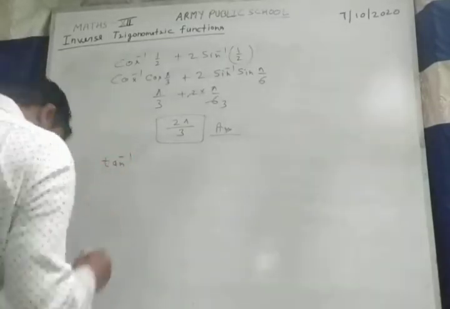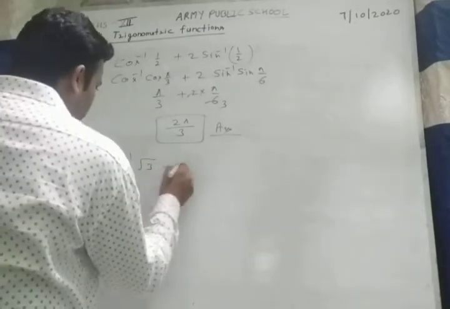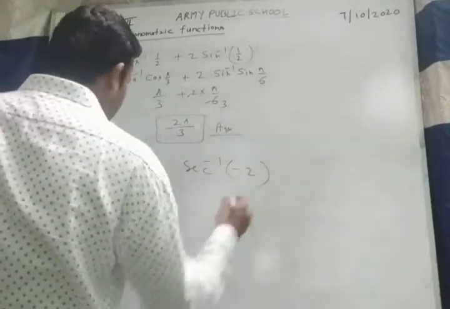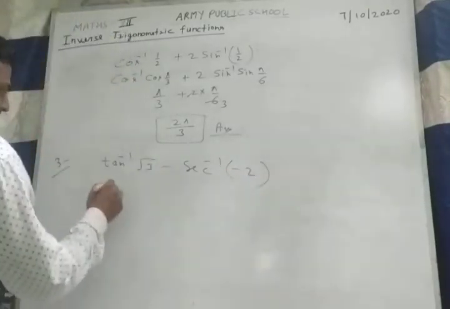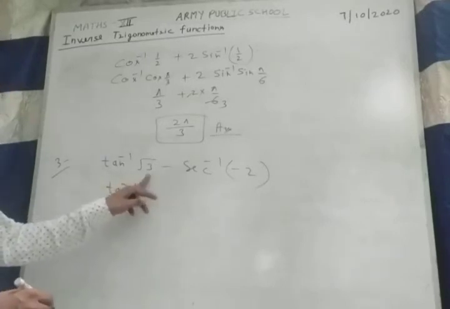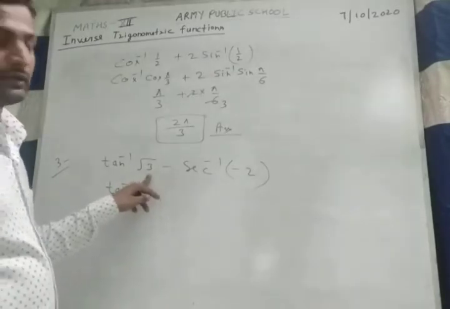Tan inverse root 3 minus sec inverse minus 2. Look at tan inverse root 3: root 3 is tan 60. The value of tan 60 is root 3.